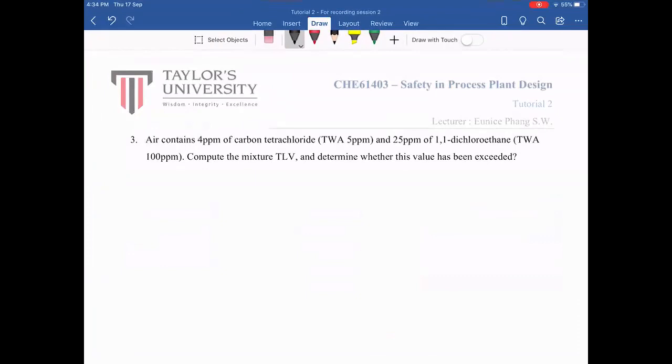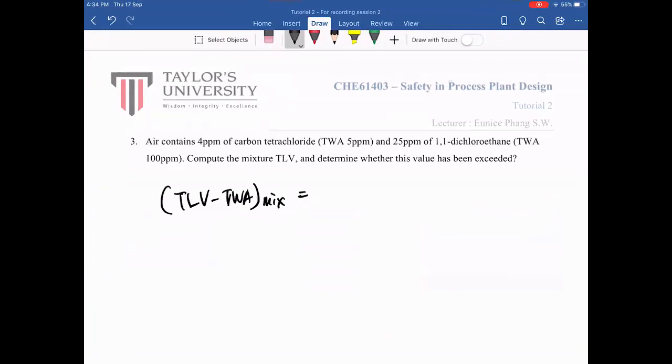Good, someone got the answer. So to do this straightaway, the TLV TWA mixture is the total of concentrations over the TLV TWA of each.